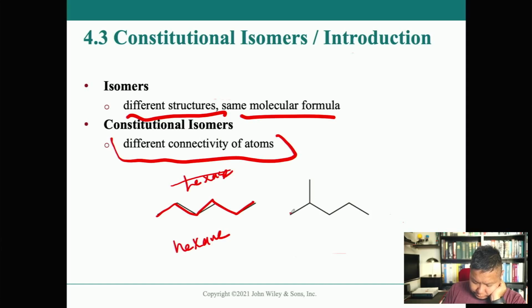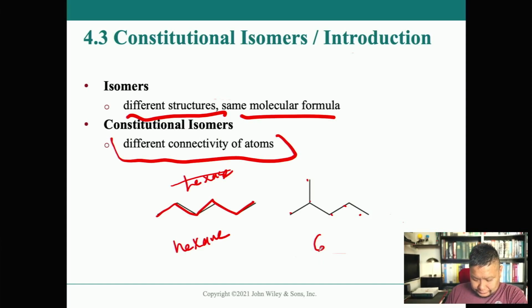But we also have 1, 2, 3, 4, 5, 6. So that's also a 6-carbon hydrocarbon. Both of these would be constitutional isomers because they have the same number of carbons and hydrogens.